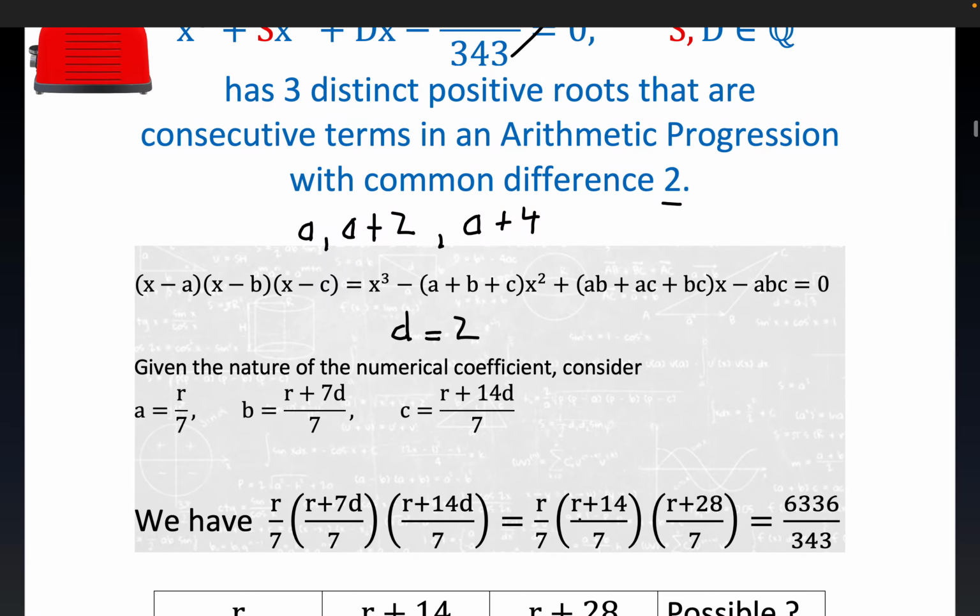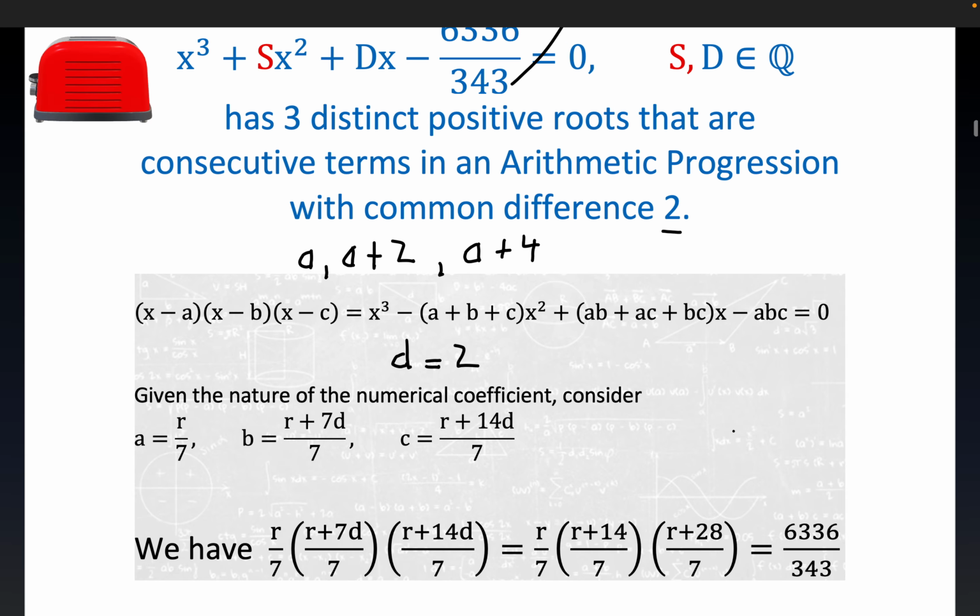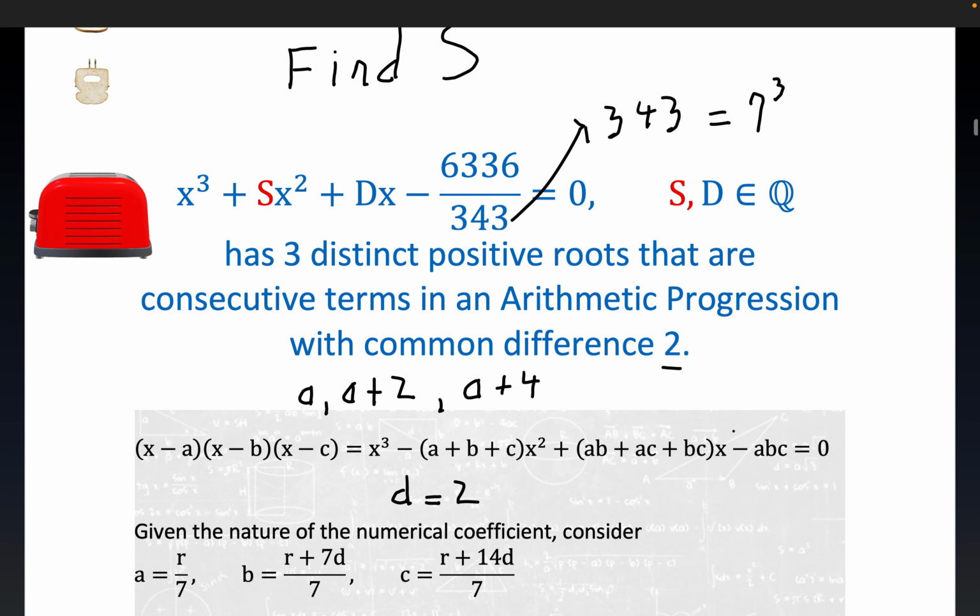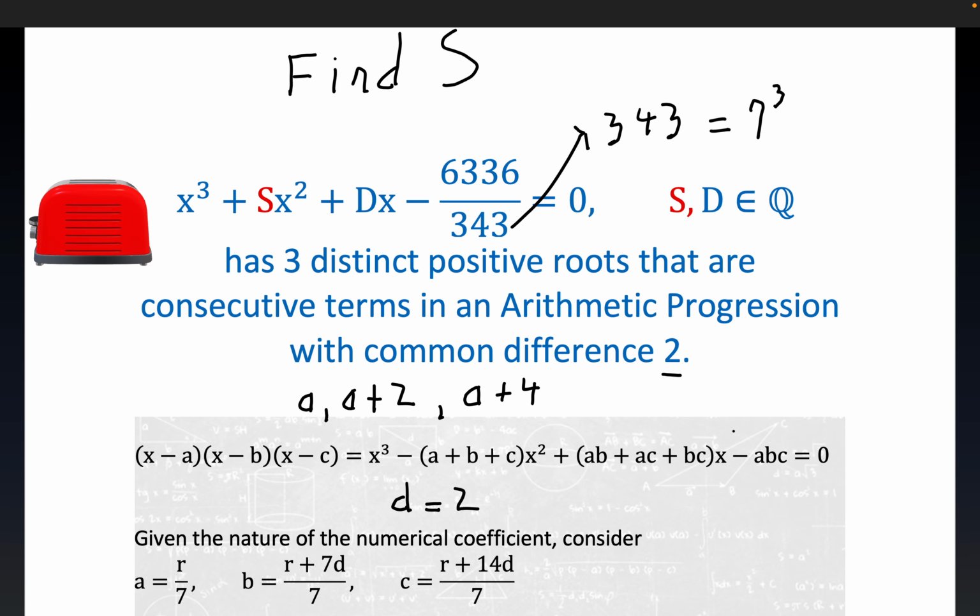Now, at this point, we're just equating coefficients. The product of the roots is this number right here, and that's because maybe I should have written a little bit more up here. You see how you have minus ABC is equal to minus this?